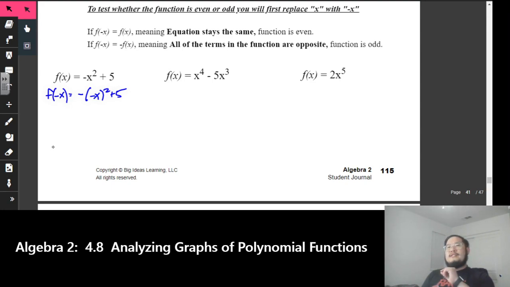Order of operations is once again important in this section, or else you may not get the problems correct. So let's simplify this right here, and I got negative x squared. That's going to get me x to the second power. But there's this negative out in front. So it's going to be negative x squared is what it simplifies down to plus 5.